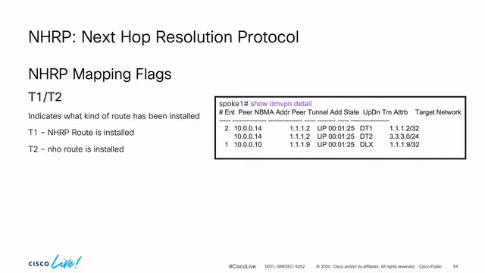In case you see a T1, it means that an NHRP route got installed. In case it is a T2, it indicates that it's a next hop override route which has got installed, which means that the RIB route had a longer match, or was more specific compared to the NHRP route.